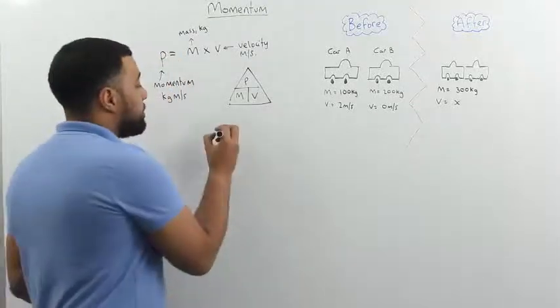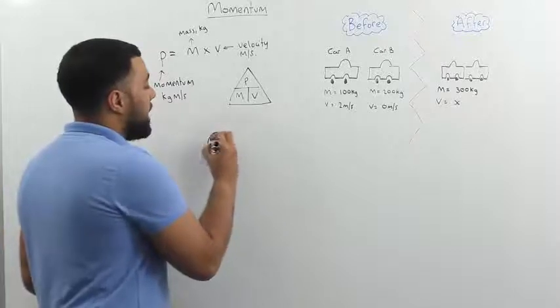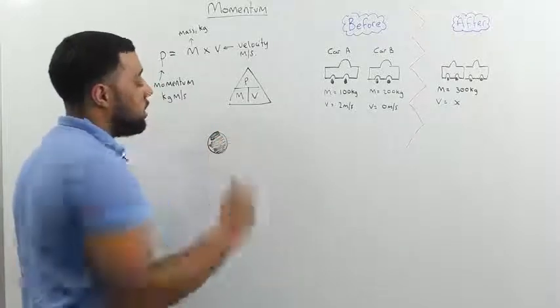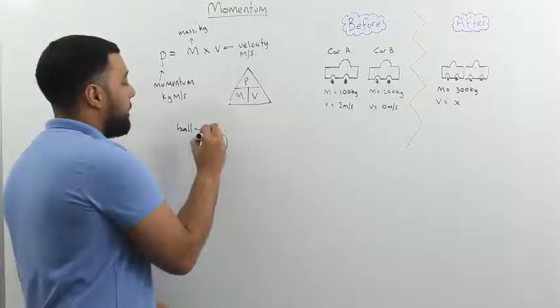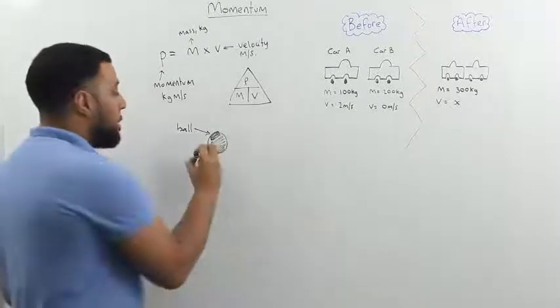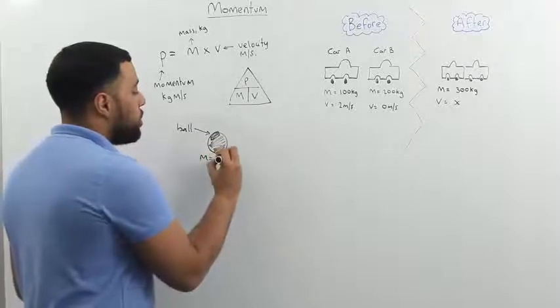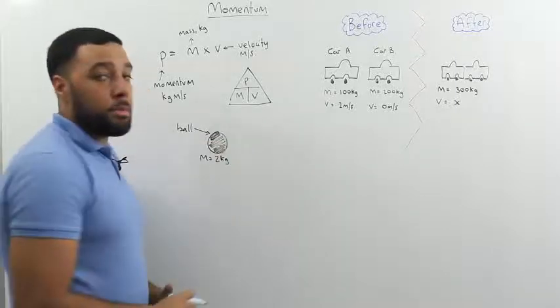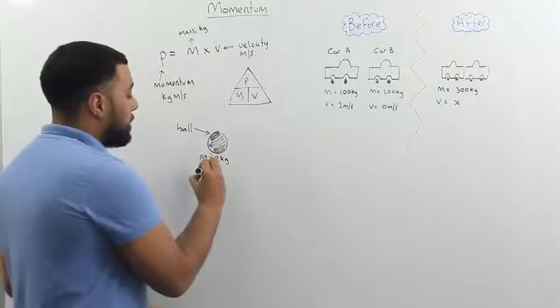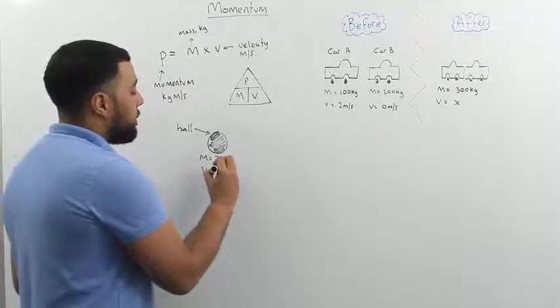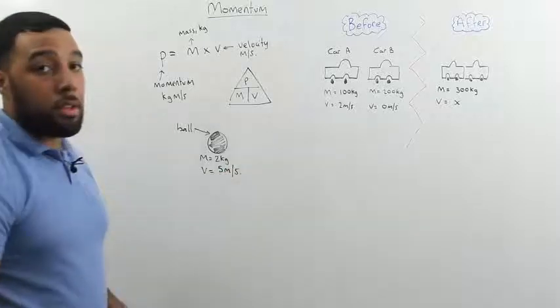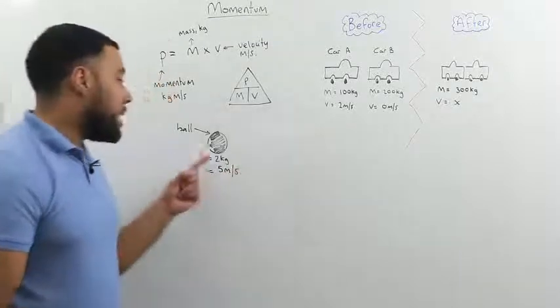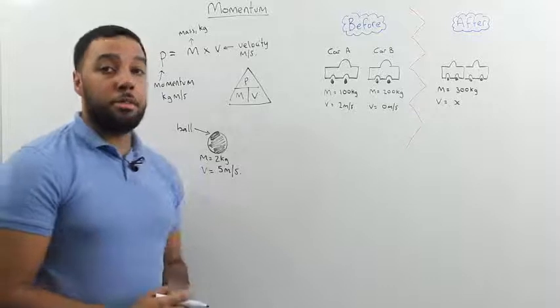What about this? Let's say I've got a ball and this ball has a mass of 2 kilograms and it has a velocity of 5 meters per second. And the exam asks you to calculate the momentum of this ball.